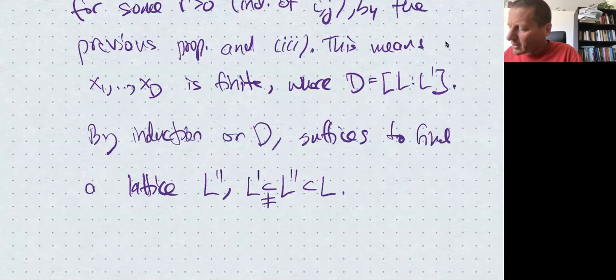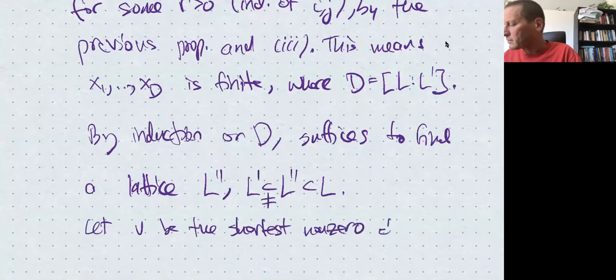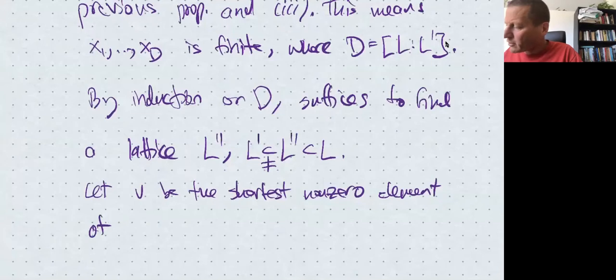So let V be the shortest non-zero element of these coset representatives.